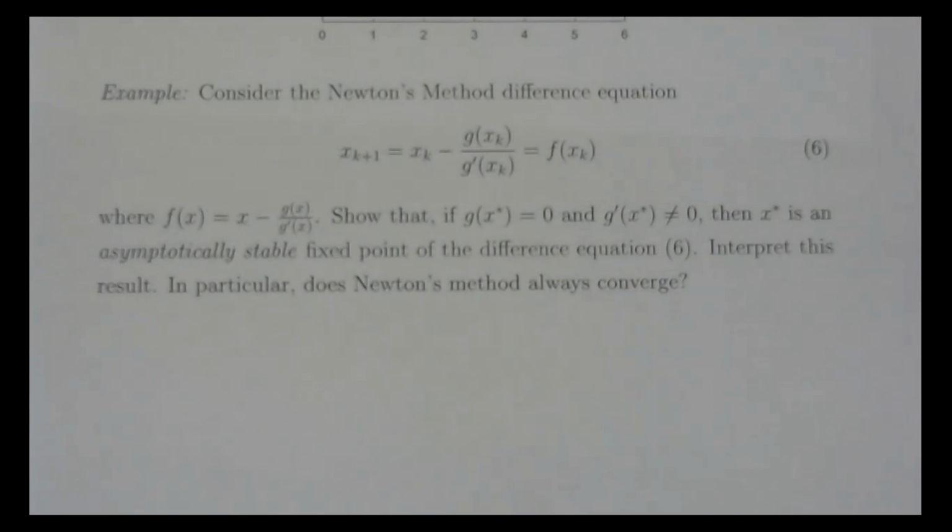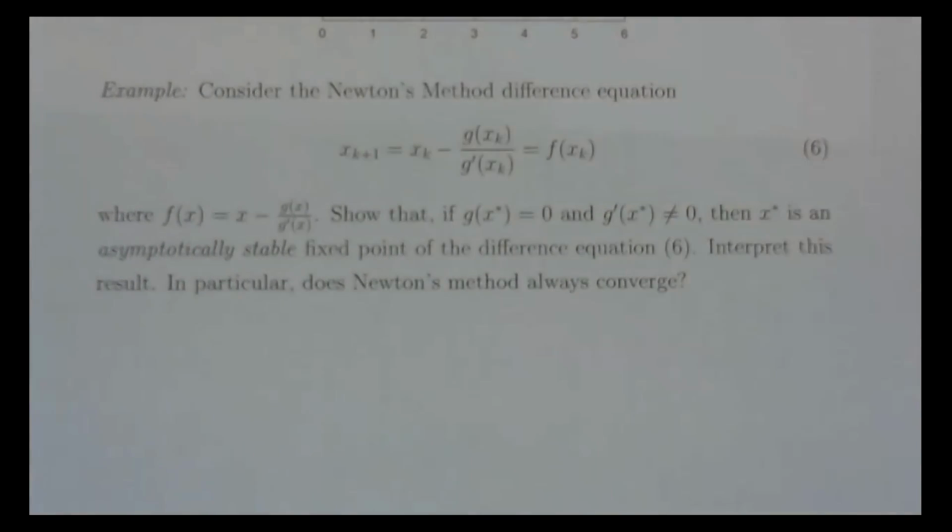So stable is that if you start close, you stay close. Asymptotically stable is that if you start close, you stay close and you approach it as k goes to infinity. So it's not saying it will always converge, but it's saying that if I start close enough, it will converge. The algorithm will converge to the equilibrium.